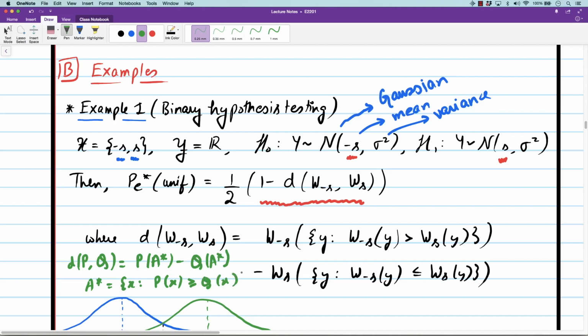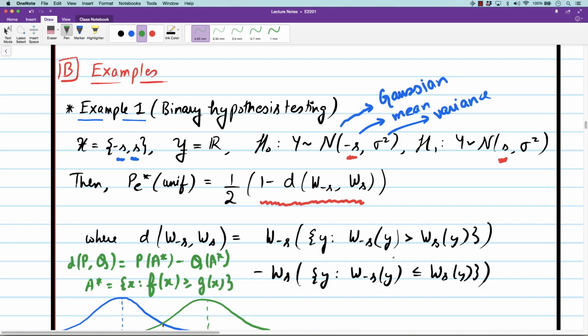That's the definition we had seen for the discrete case. For the continuous case, this is the set of those values for which the density of P, f, is greater than the density of Q, which is g, let's say.